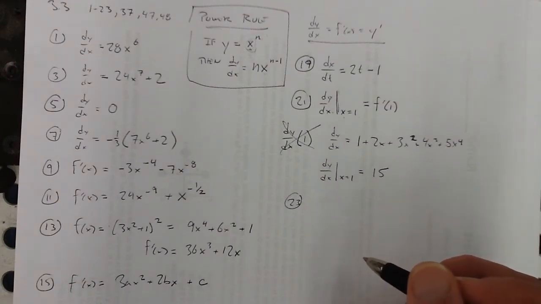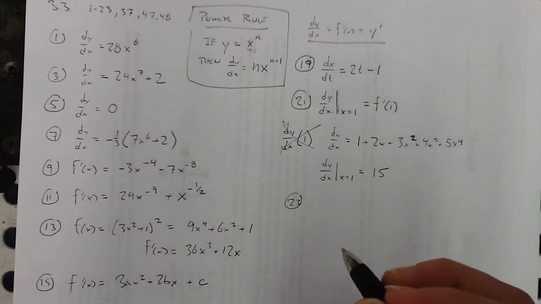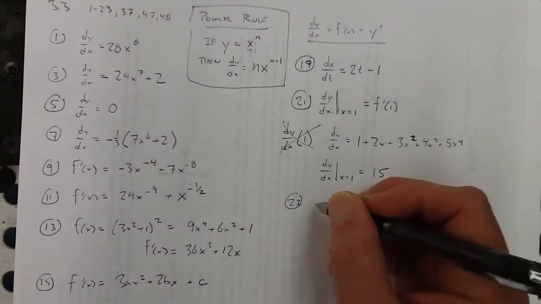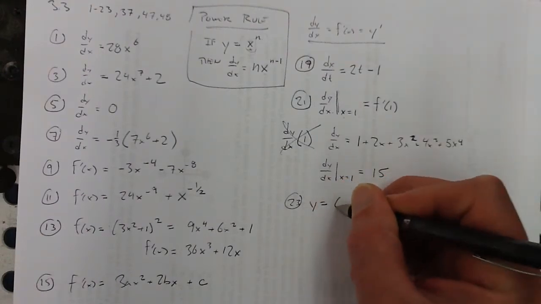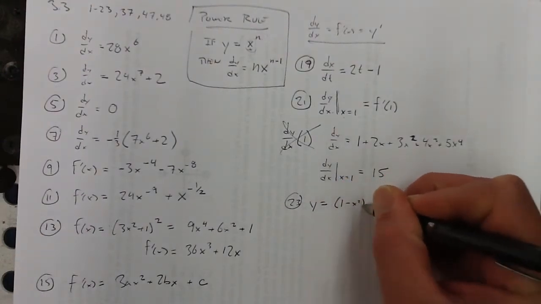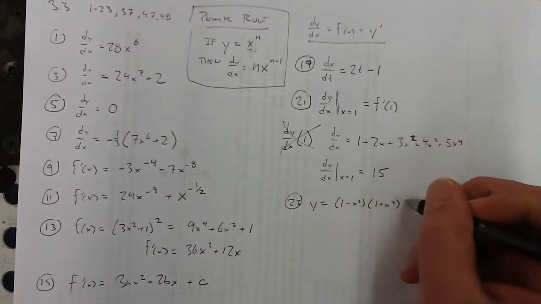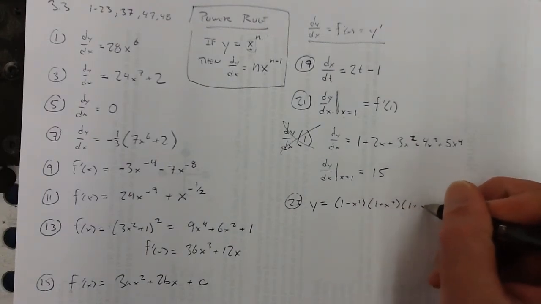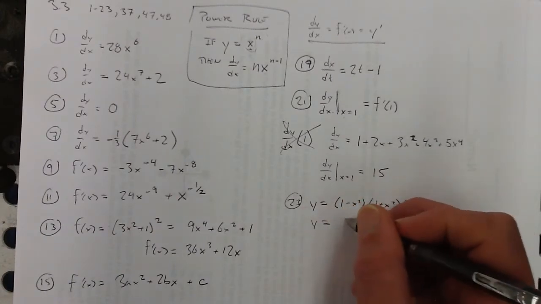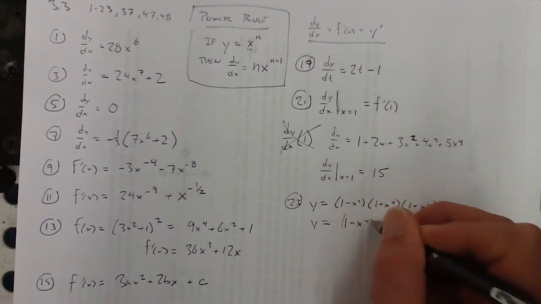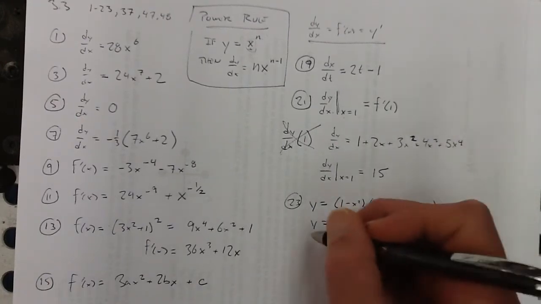All right, so that's that. In number 23, we got that situation where you got to do a little bit of algebra to simplify first. So before I take my derivative, got to do some algebra. But look at what happens here. Isn't that cute? After all that, we just end up with a difference of 2 squares.